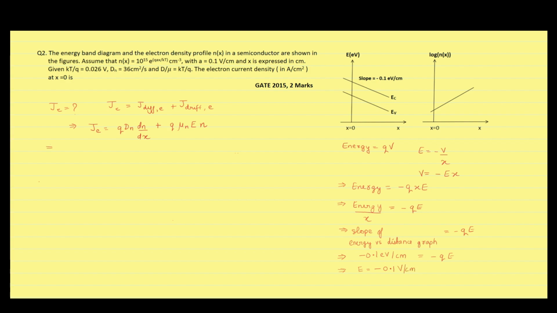We can write net current density due to electron to be equal to... Now by using Einstein relation we can write mobility in terms of diffusion constant.